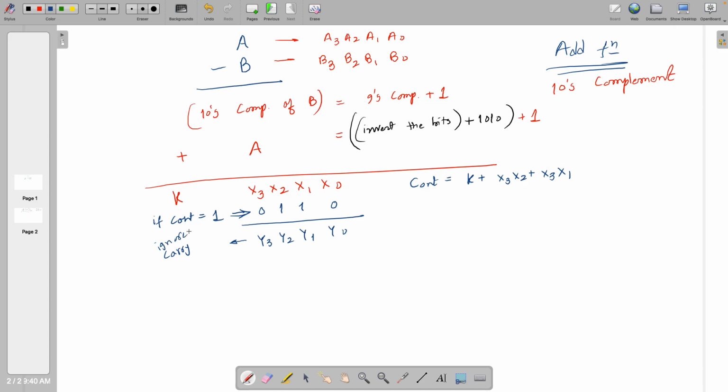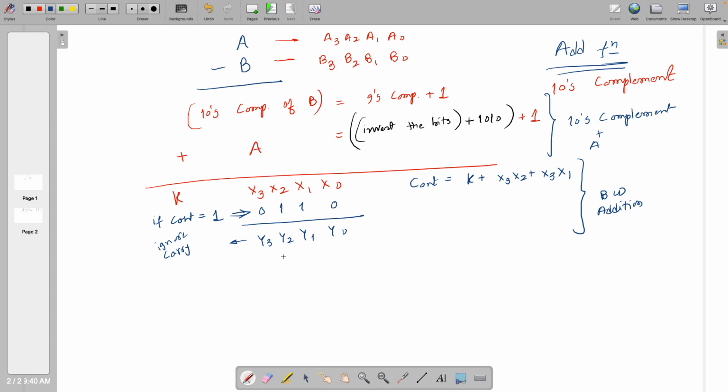At this stage, if there is any carry, ignore it. This is giving me the BCD addition. What we did earlier was the 10's complement only, and plus A. So we did this.